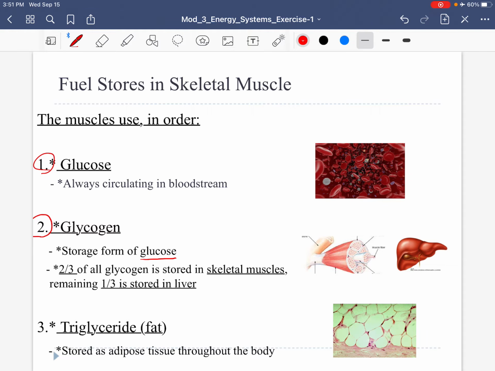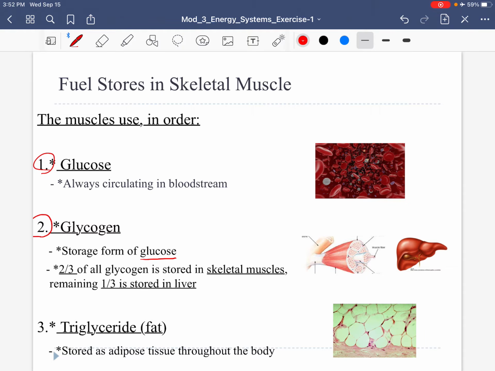We bring in a big meal. We eat a big bowl of pasta. We don't need all that glucose in the blood right away. It would just be overloaded. So we keep some of that glucose in the blood, but then we store some of that glucose for later. And the storage form of glucose is glycogen.